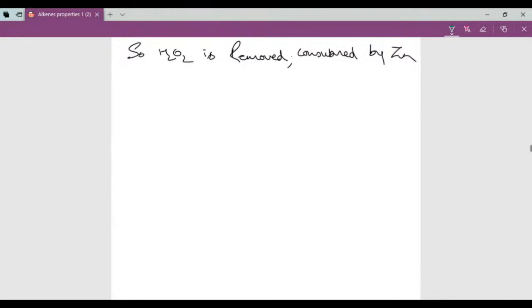Say, for example, we are told that there is an unknown alkene, C6H12, and on ozonolysis this alkene gives this compound.